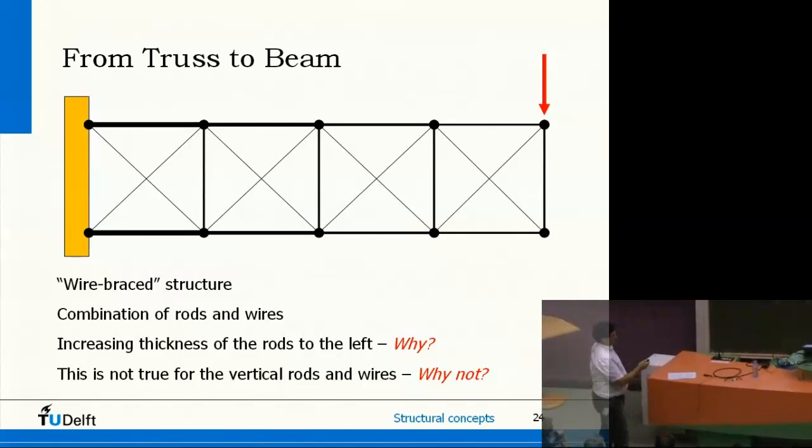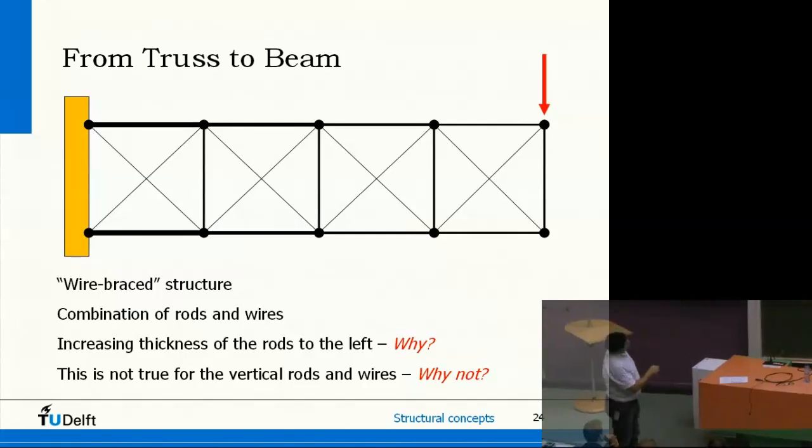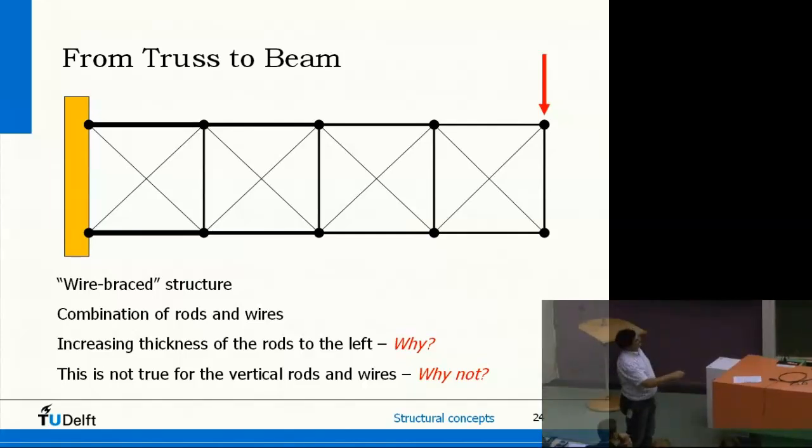So if the wall was placed here, I only have a very small, tiny bending moment in my beam, with a compression at this side and a tension at that side. Now I do have a very large bending moment because it's the force times the length of this arm, and it has to be transferred to the wall via these horizontal lines.